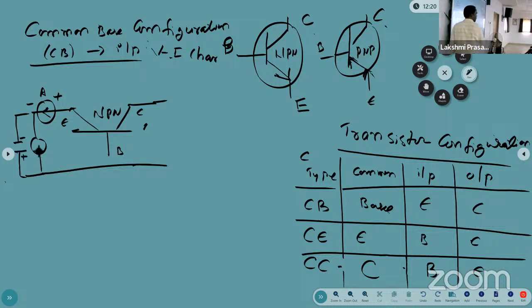Positive. Next here, also we can connect one ammeter. The current direction is from the battery.